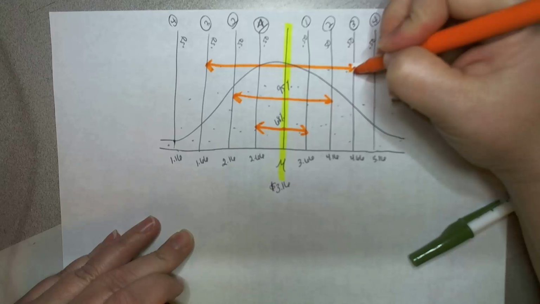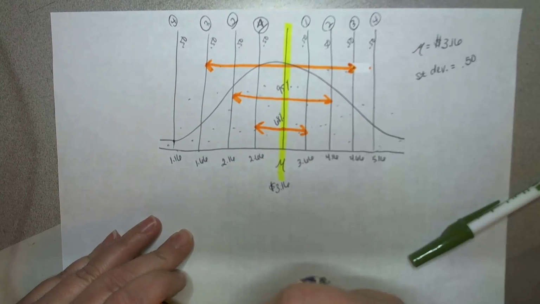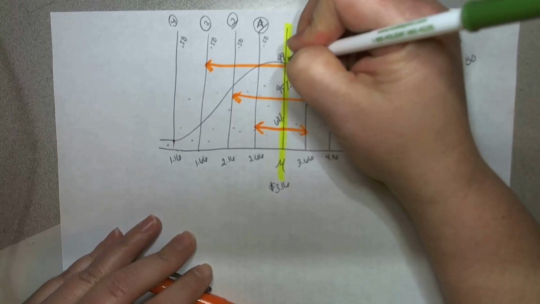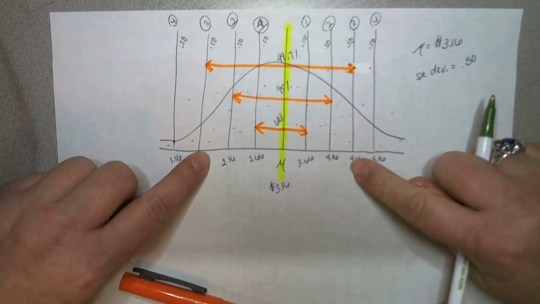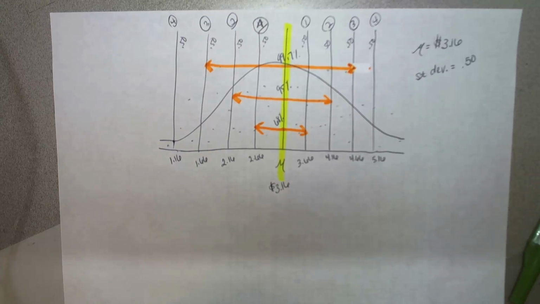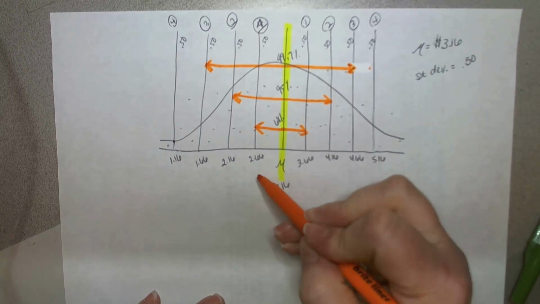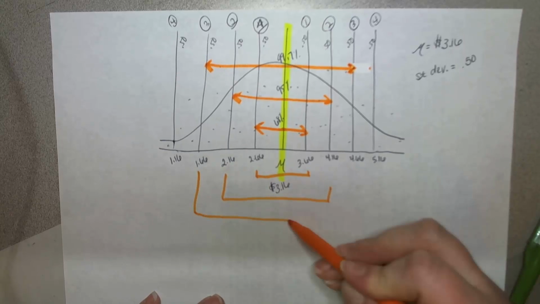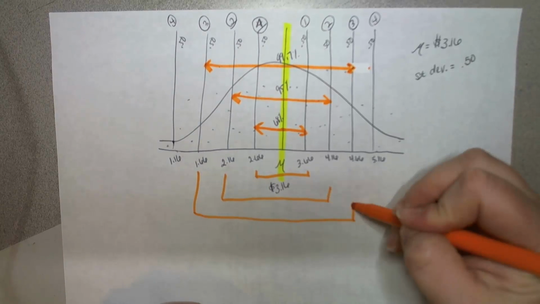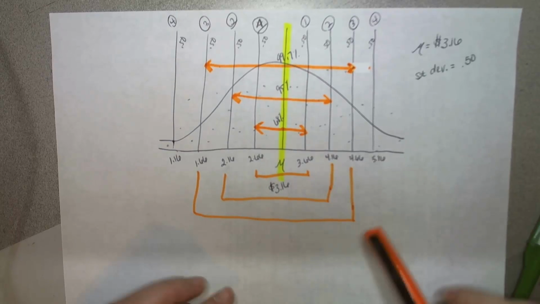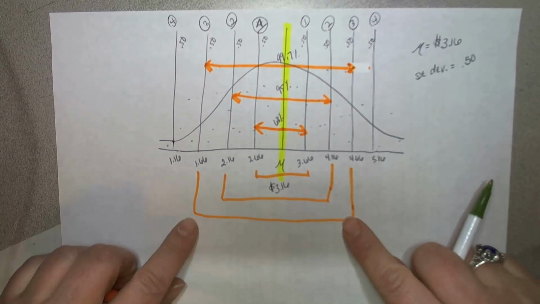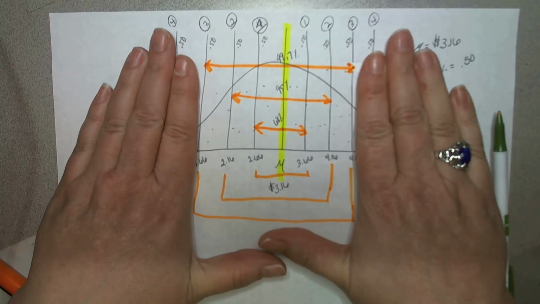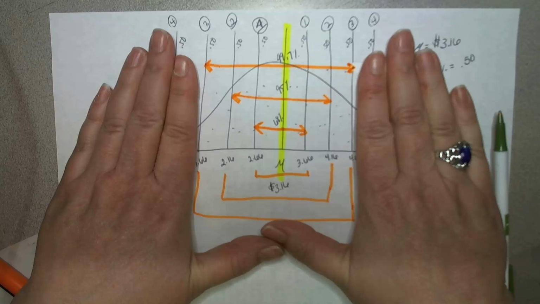Okay, so within 3 standard deviations, 99.7% of your data will fall between these 3. So we're looking at between 1 standard deviation, 2 standard deviation, and 3. And for the most part, this would mean that 99.7% of your data would fall within this part of the curve, and that's substantially all of your data.